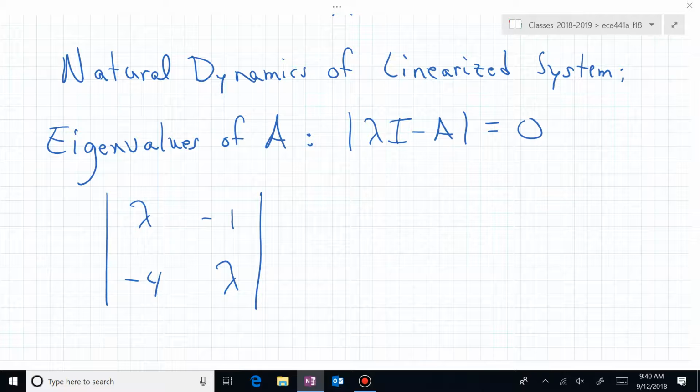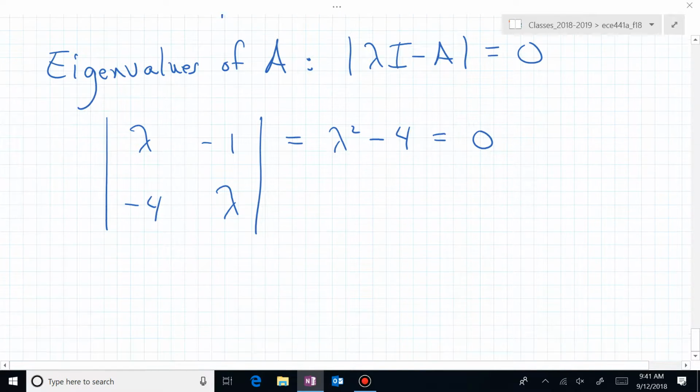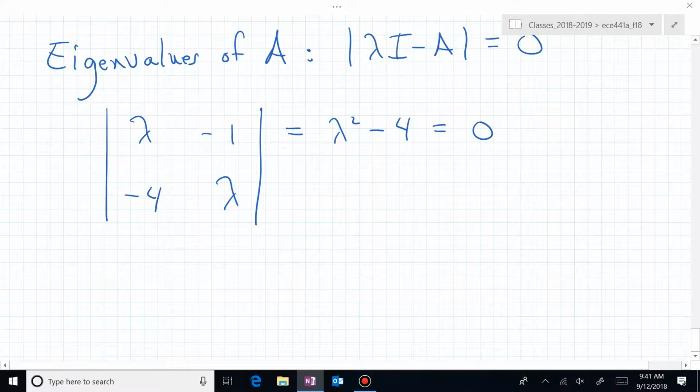And the determinant of a 2 by 2, you don't even need MATLAB for that, I hope. It's the product of the diagonal minus the product of the off diagonal. We have lambda squared minus 1 times minus 4, or minus 4. And if we set that equal to 0, the values of lambda will be the eigenvalues.